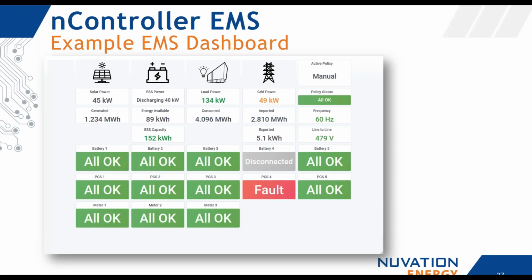So there's 5 smaller inverters that are ganged together to provide the power for the site. In this case, one of the systems is disconnected, which led to a fault in the PCS. Again, we can provide the custom dashboards as required for your site.